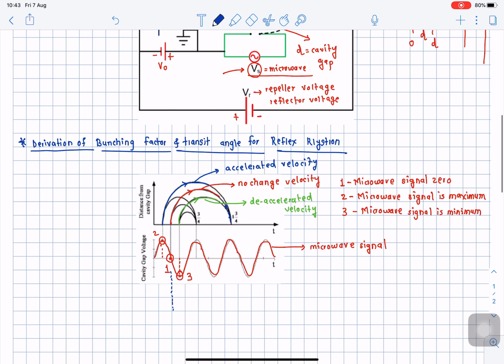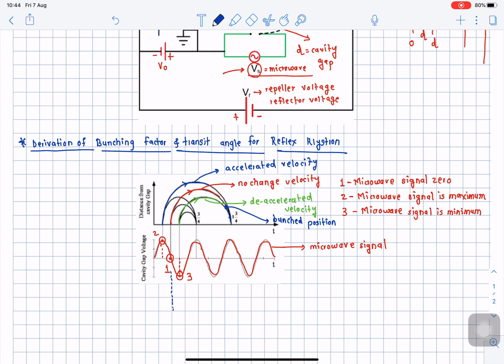So this is that typical duration over here. I will denote here the bunched position of all electrons. All these 3 different types of electrons are going to meet with each other at a certain time.